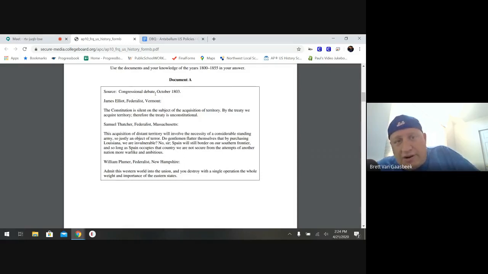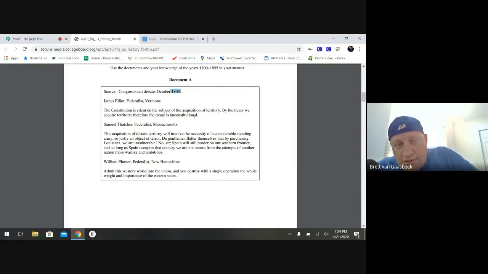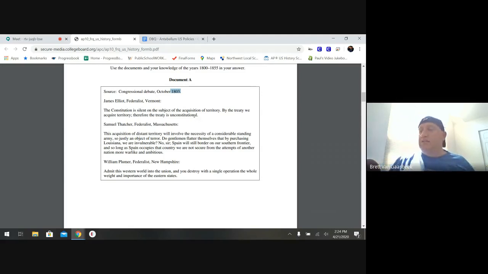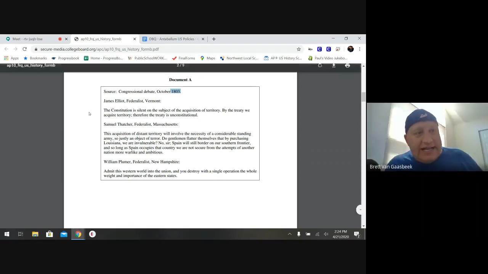So in 1803, they're having a congressional debate in document A. In 1803, what is the background? What issue is going to be the front and center thing in 1803? The Northwest Ordinance? You have the right idea, the wrong one.